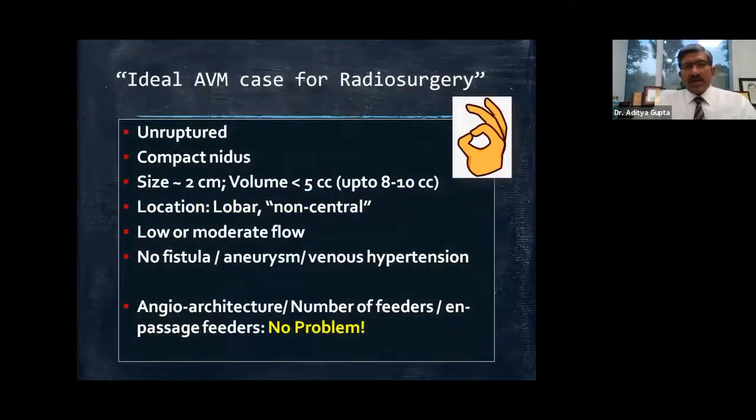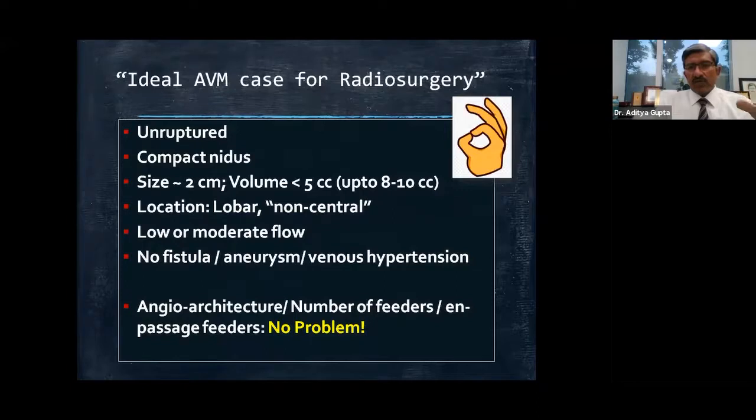Now, what is the ideal AVM case for radiosurgery? Typically, this would be an unruptured AVM with a compact nidus, by which I mean it has, as far as possible, a spherical shape. It is not very eccentric, and it is not very diffuse.